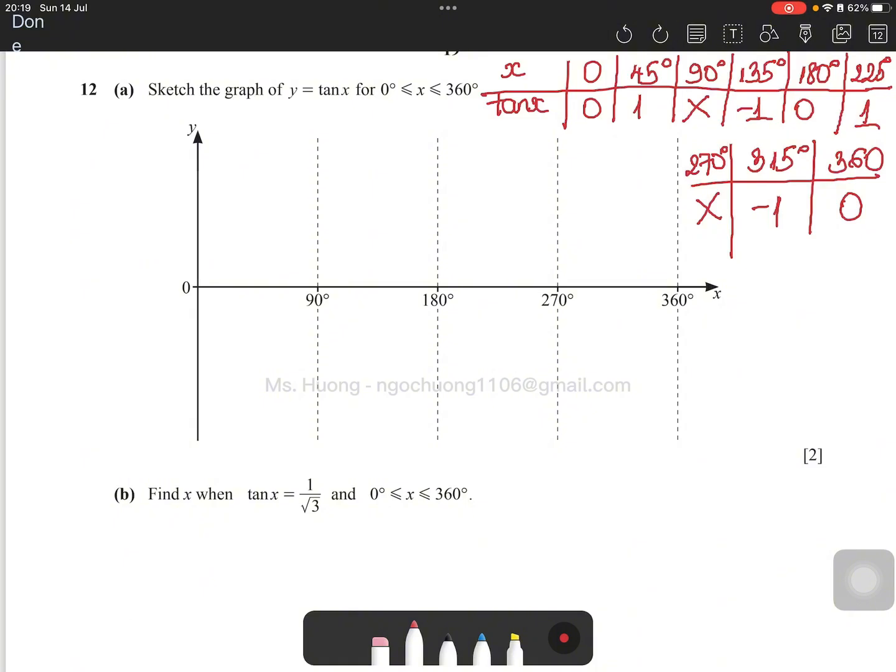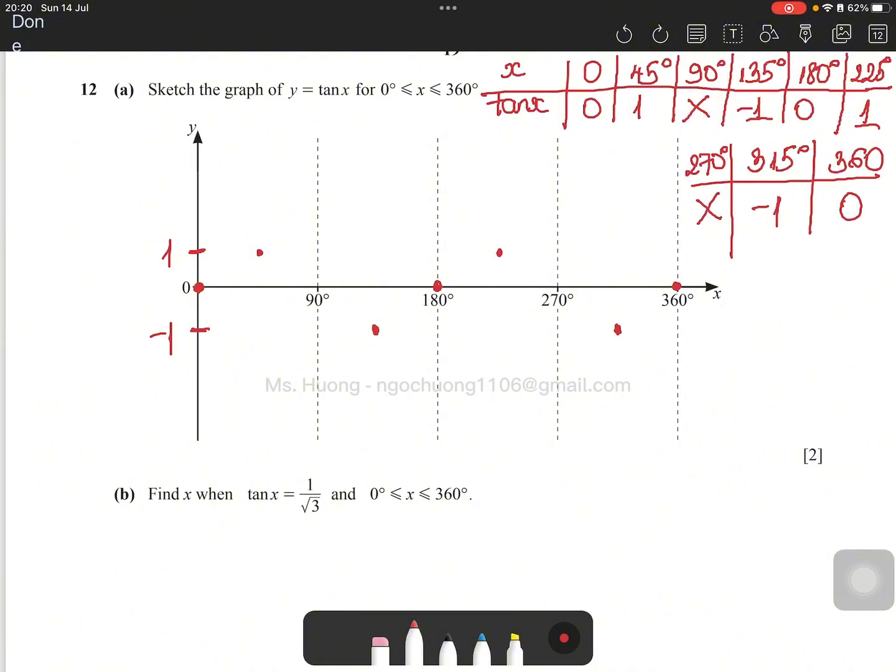And now we'll plot these points on the graph. Suppose that this is 1 and this is negative 1. So 0, 0 is here. 45, 1 is here. 90, undefined. 135, negative 1. 180, 0. 225, 1. 270, undefined. 315, negative 1. 360, 0.